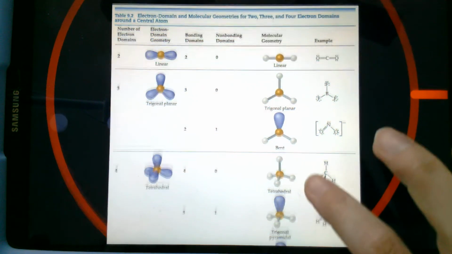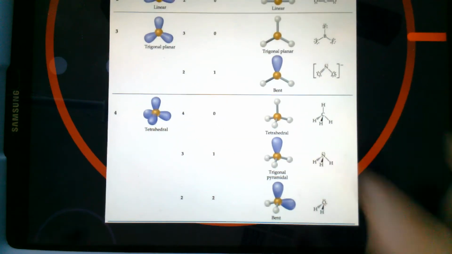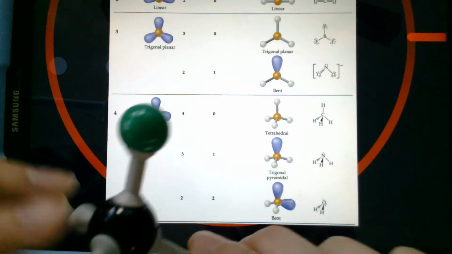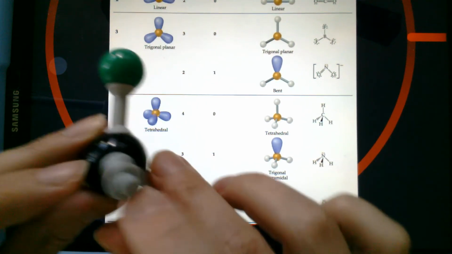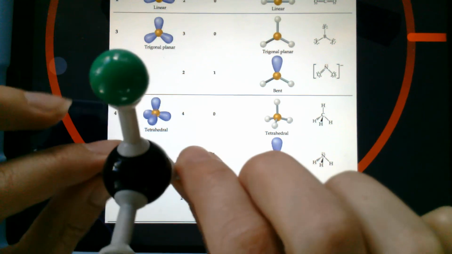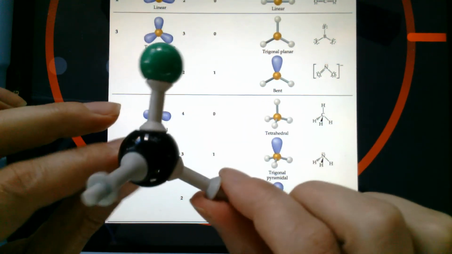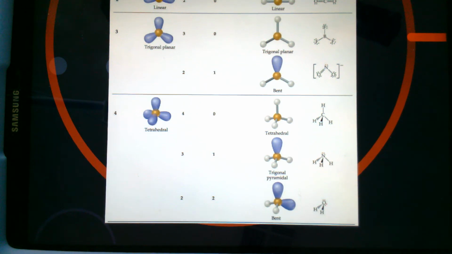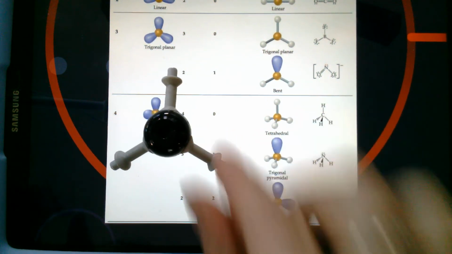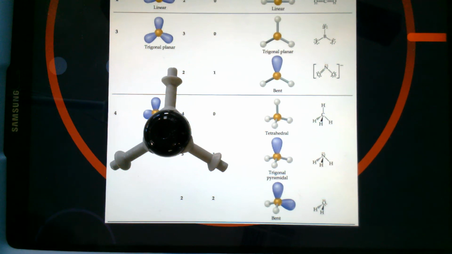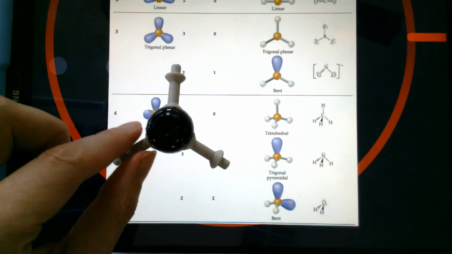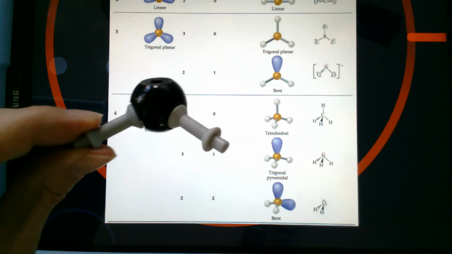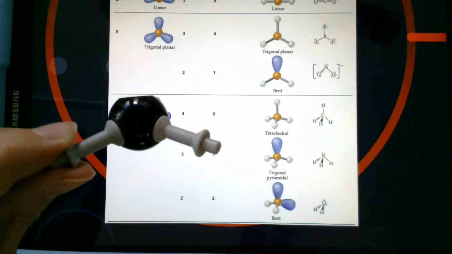Our next shape, we're just scrolling down. What if one of those bonding domains was a lone pair? So what if we had three bonds, 1, 2, 3, and then that lone pair at the top? We would still have 4 electron domains, but then we remove it and we have what's left. It looks not entirely different from a trigonal planar until I move it sideways, and we can see that this is in fact not planar.